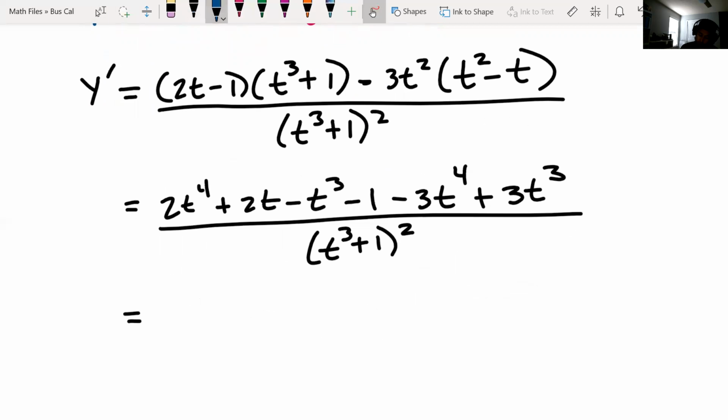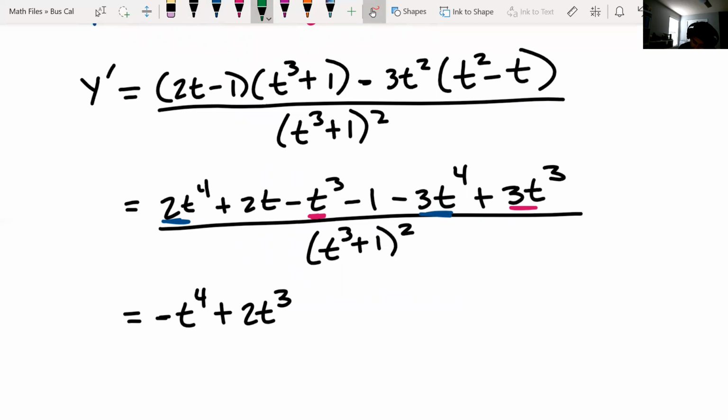And now our 2t to the 4th and negative 3t to the 4th gives me negative t to the 4th. And then what's the next highest power? Cubed: negative t cubed and 3t cubed will give me 2t cubed.